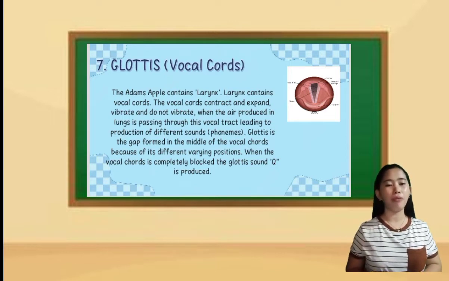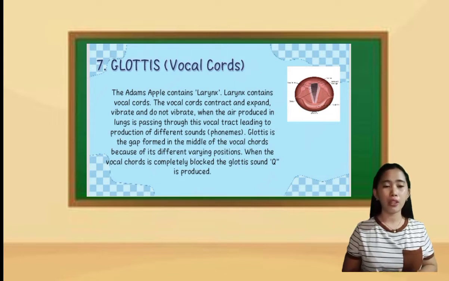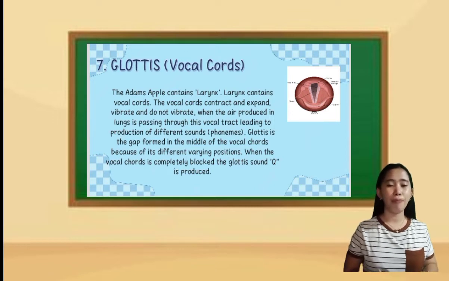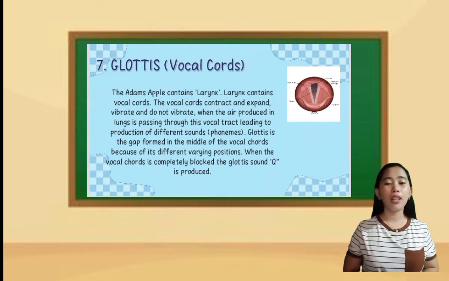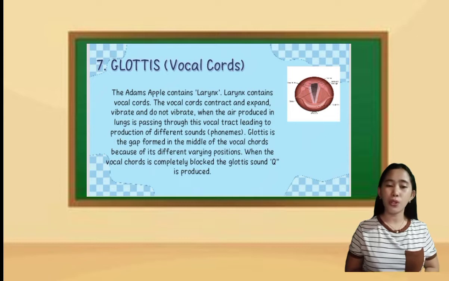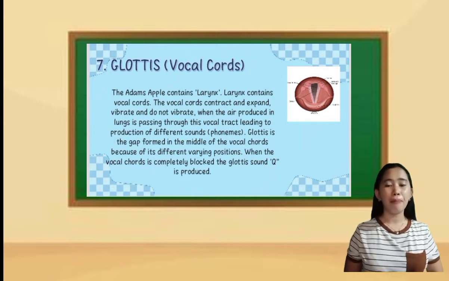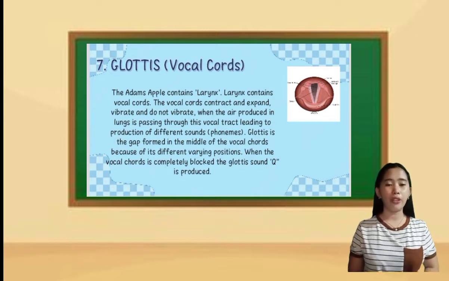The glottis is the gap formed in the middle of the vocal cords because of their varying positions. When the vocal cords are completely closed, the glottal sound is produced. The glottis is used to control the vibration made by the vocal cords in order to make different sounds.